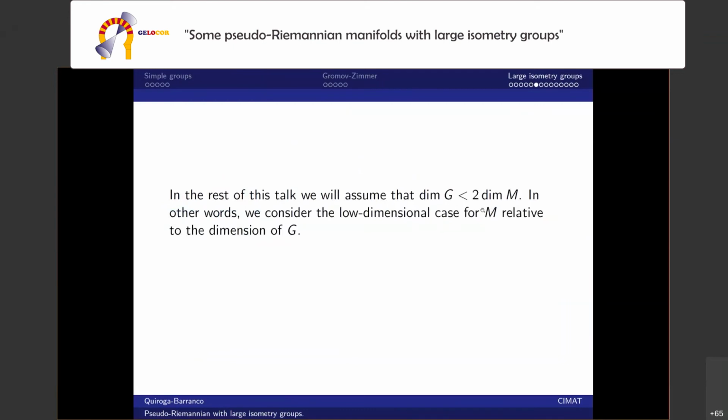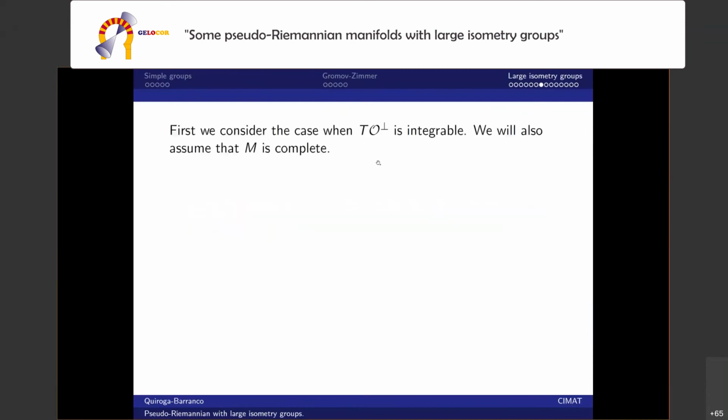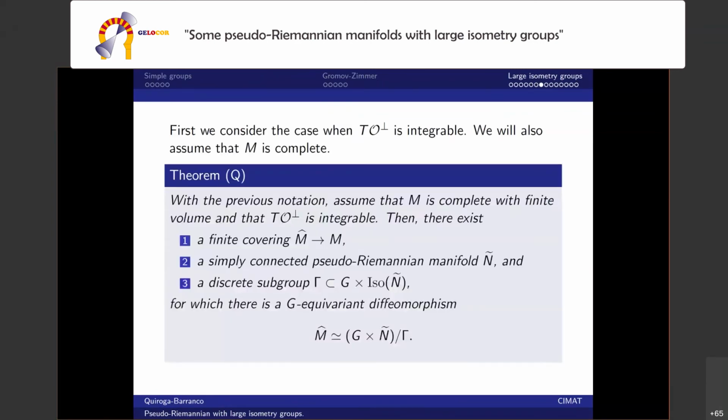So somehow it's a low dimension case for M, and there are two possibilities for the normal bundle, whether it is integrable or not. If the normal bundle is integrable, assuming completeness, you can prove the following result. Similar to the previous one, up to a finite cover, your manifold is the Lie group G acting, times some pseudo-Riemannian manifold, modulo some discrete group.